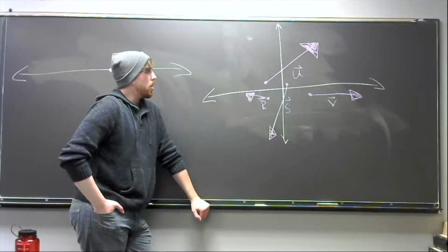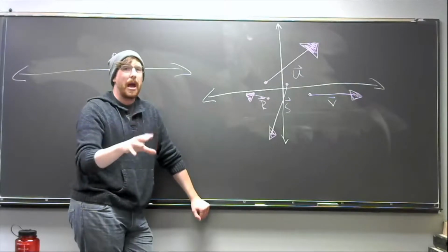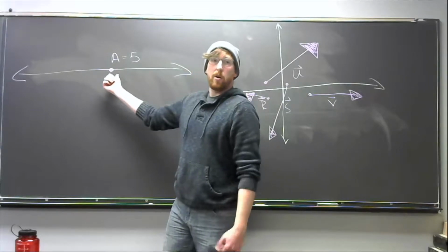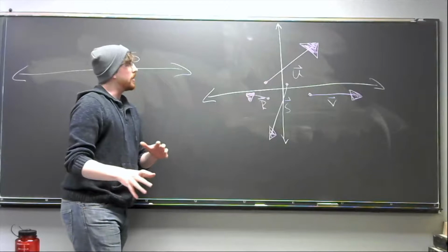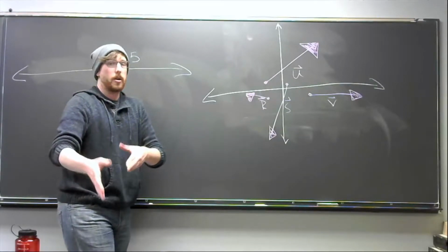Vectors are mathematical objects that have not just a magnitude, like our point A here, which has a magnitude of 5. No, a vector has a magnitude and a direction.